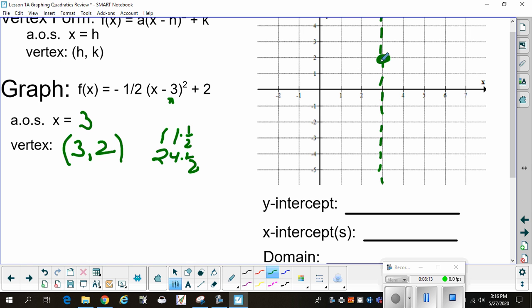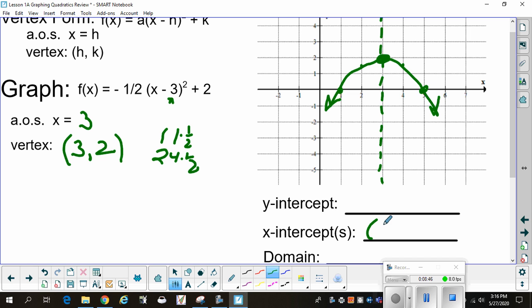So now I'm going to go right 1, down 1/2, right 2, down 2. Whatever I do on the right, I'm going to do on the left. And then I can draw my parabola. Okay. I can also see that my x-intercepts are at 1 and at 5.